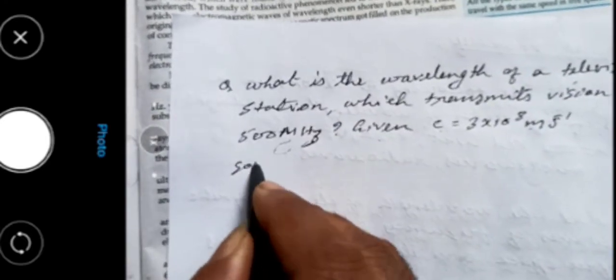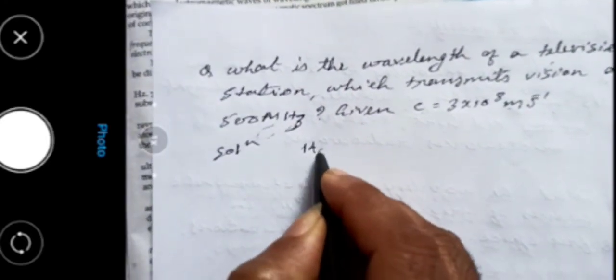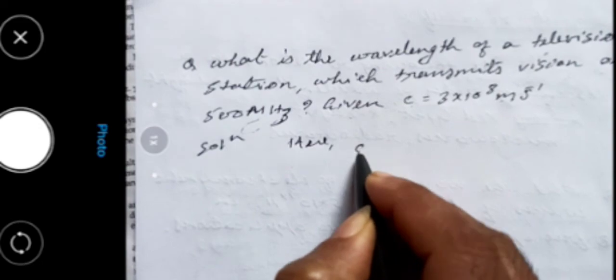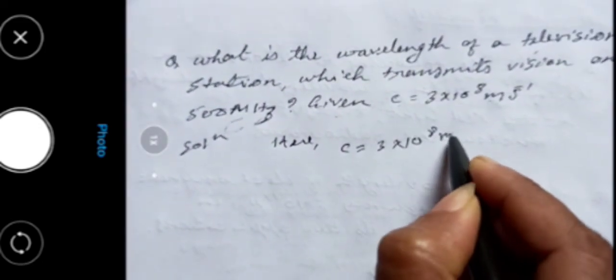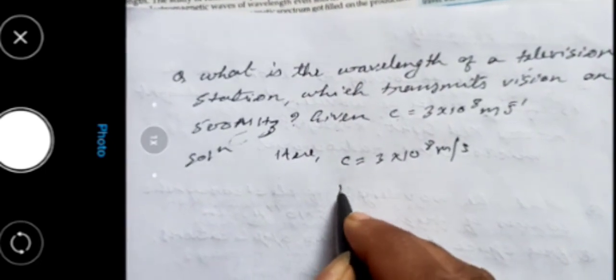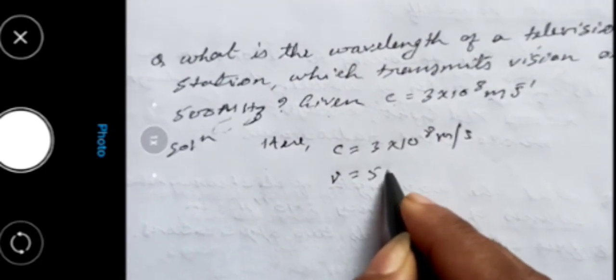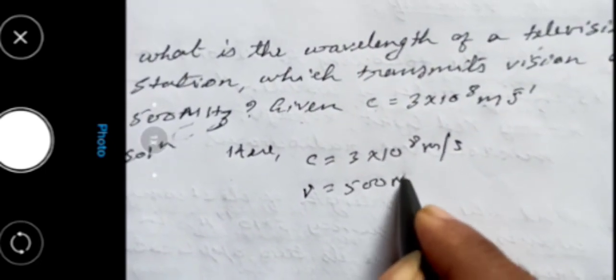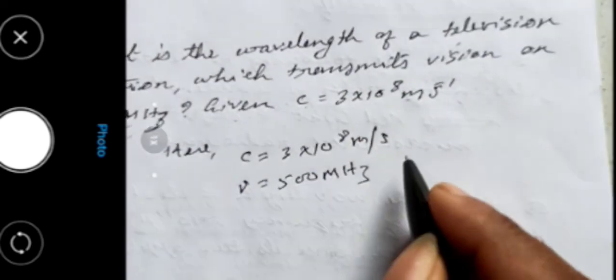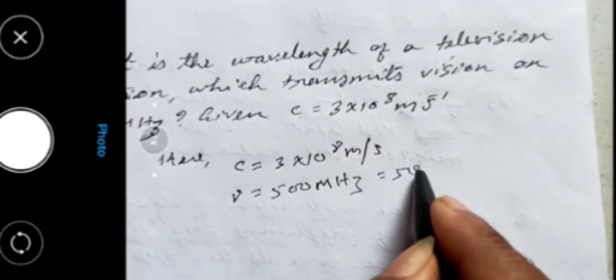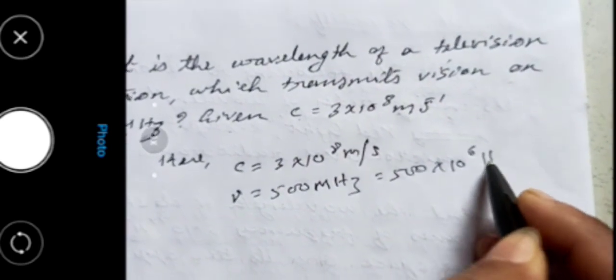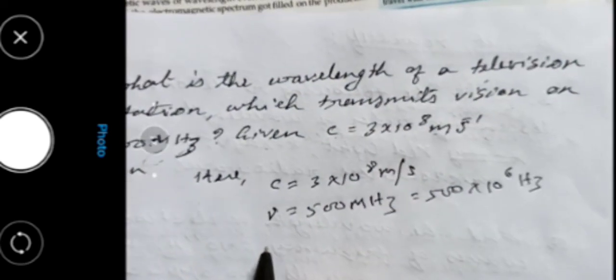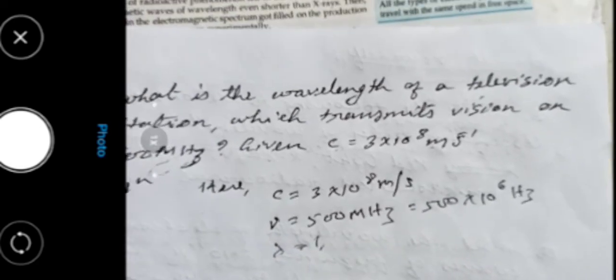Solution: C is given as 3 into 10 to the power 8 meter per second, and frequency is given as 500 megahertz. Mega means 10 to the power 6 hertz, and we have to find its wavelength.